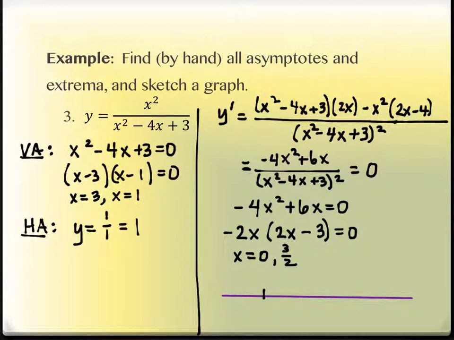So I have one value at 0. I have a value of 1. That one actually comes next. That's from the asymptotes. I have a value of 3 halves. That's coming from the one I just found. And then I have a value of 3. Is that the other one? I think so, yeah. So I have 4 critical points, which means I'm going to test how many values?